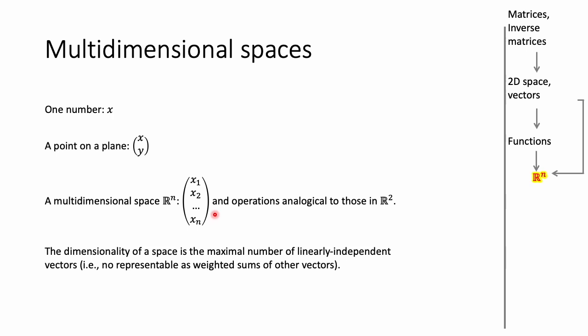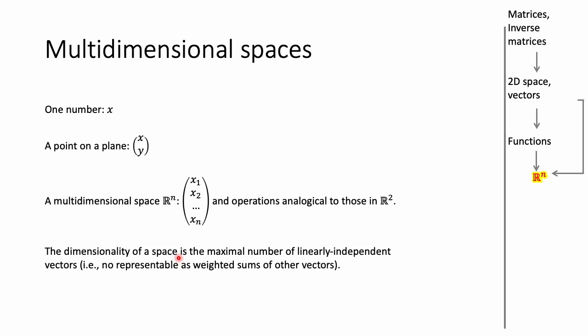The operations on these vectors are similar to those introduced for the coordinate plane, and the dimensionality of a space, n in this case, is the maximal number of linearly independent vectors, which means such vectors that are not representable as a weighted sum of other vectors.